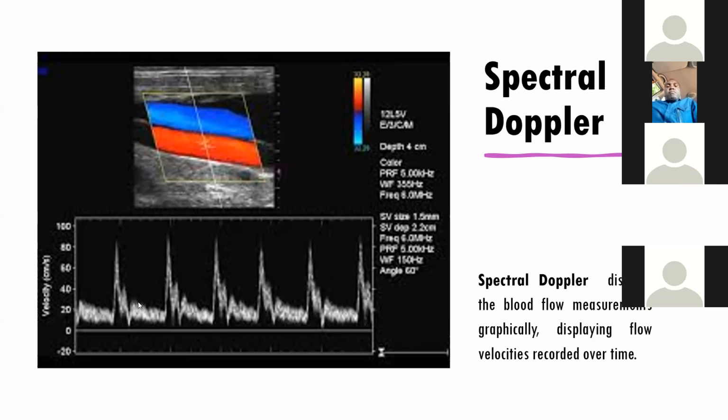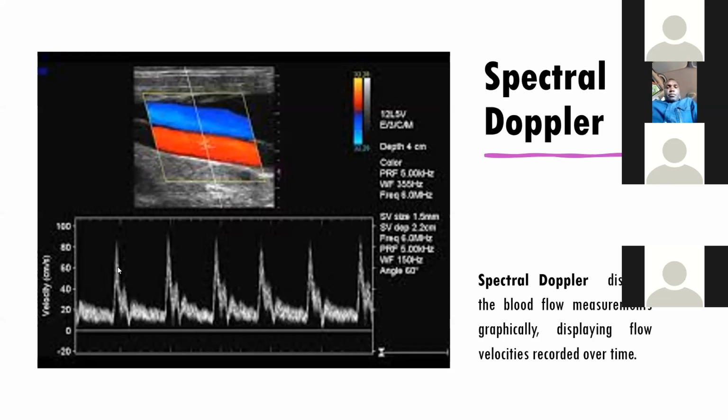If you analyze this spectrum, it corresponds with the systole and diastole of the heart. This peak is the peak systolic velocity. When the ventricles are contracting, there is a rush of flow in the blood vessel, so you will get a very peak flow.